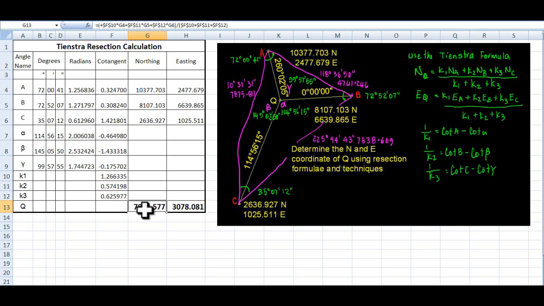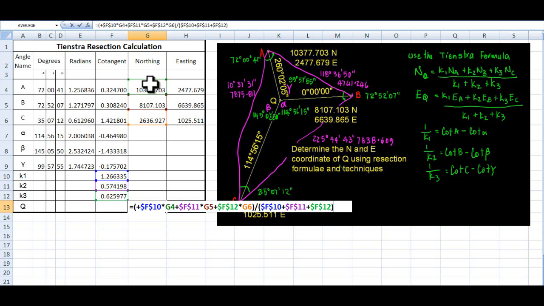So for instance here, if we just push the F2 button, that tells us where everything is. So first of all I've got F10, which is K1, and I'm going to hold that, and that's times G4, which is A there, and that's unfettered.